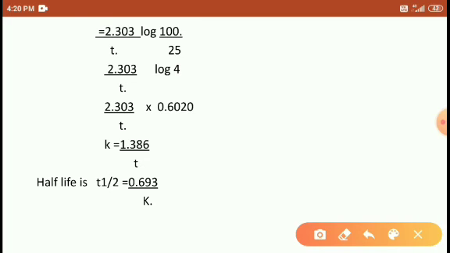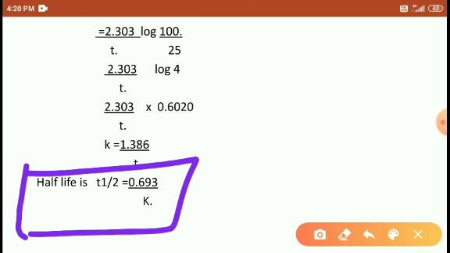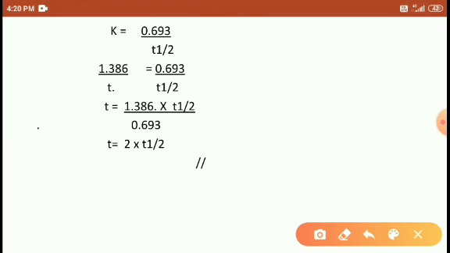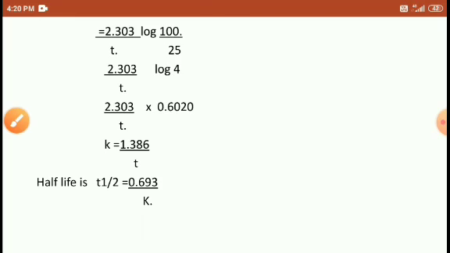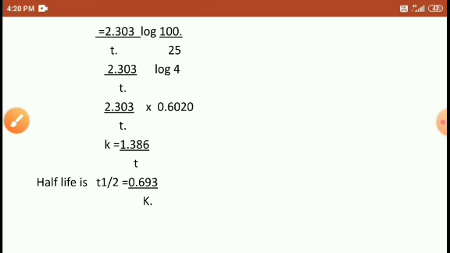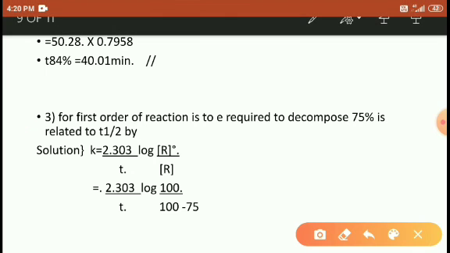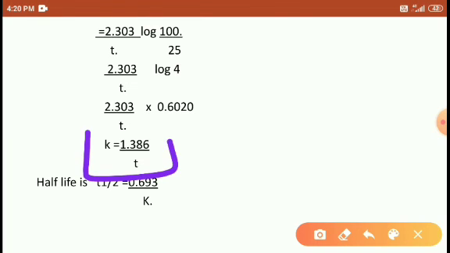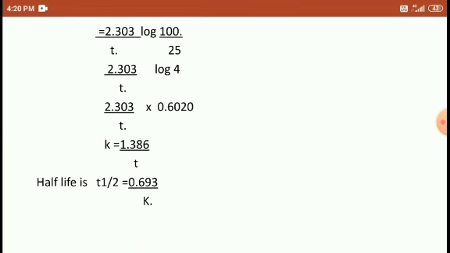And the half-life value, we already know that T half is equal to 0.693 by K. You have to substitute this value here. Look here: K is equal to 0.693 by T half. We have to compare both values, this value with this value.